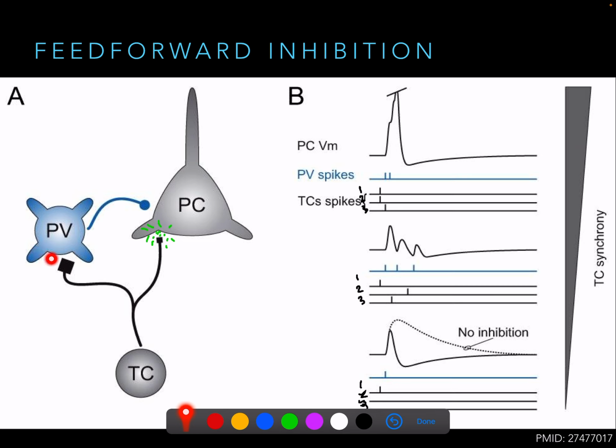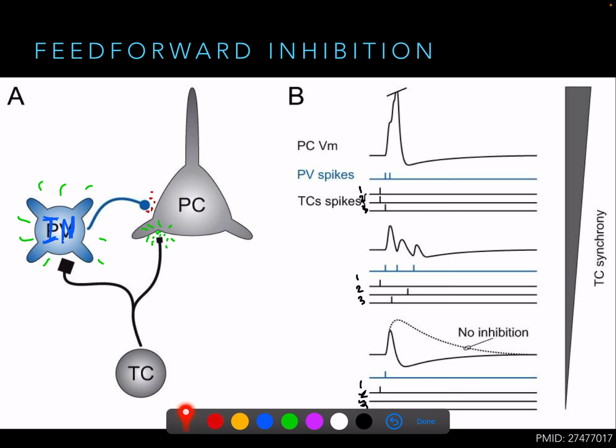Don't worry about that, parvalbumin, doesn't matter. It's just an inhibitory interneuron. So you can replace that with just IN for inhibitory neuron. Okay, I'm also exciting this one. Okay, so I get excitation, and it's almost immediately followed up with inhibition.